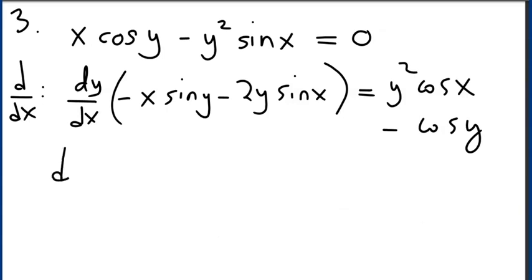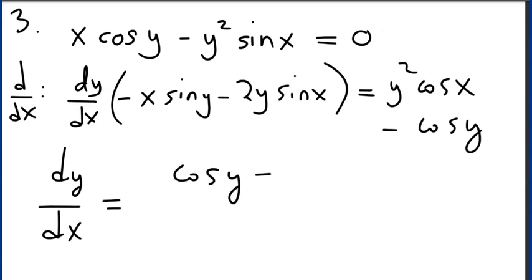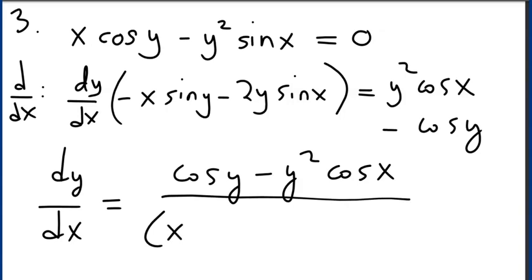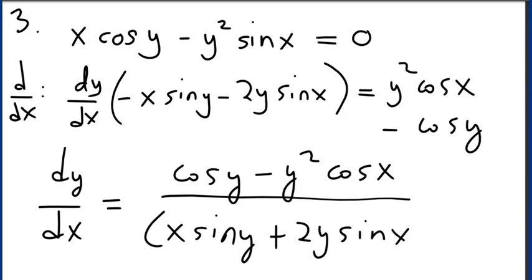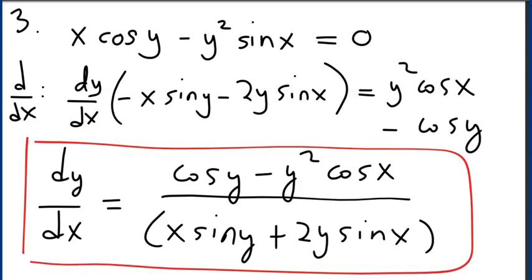And solving for dy/dx, you'll get the following final answer. Cosine y minus y squared cosine x over x sine y plus 2y sine x. So this is the answer that we are looking for.